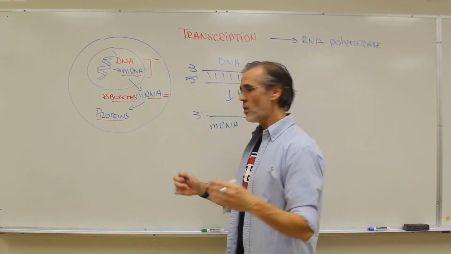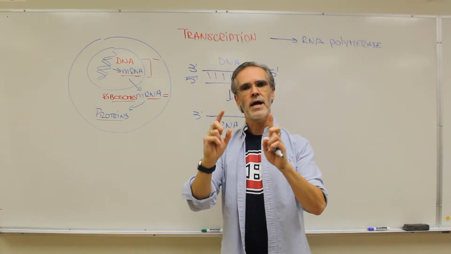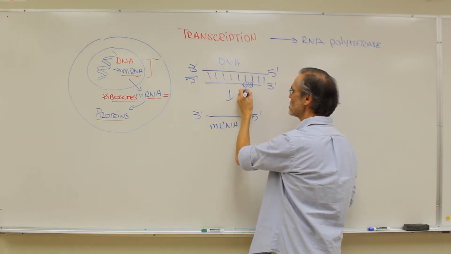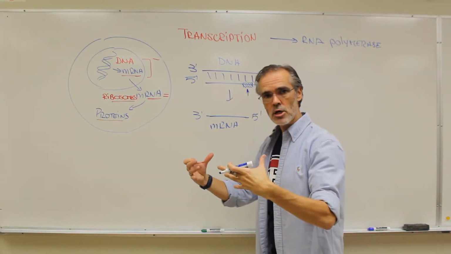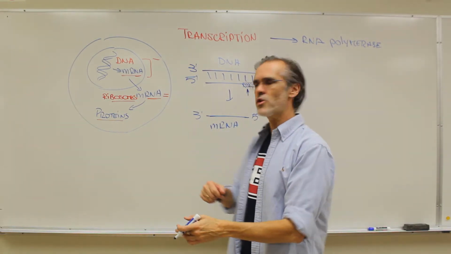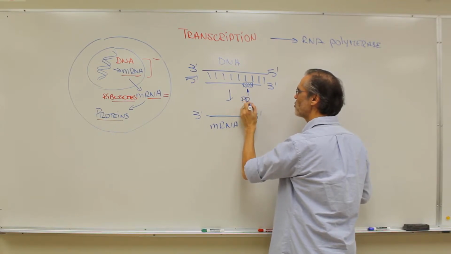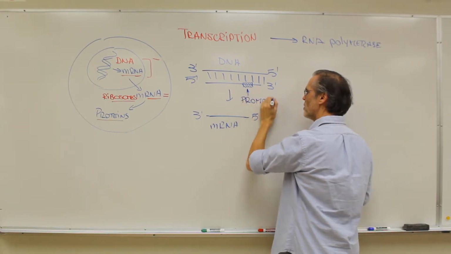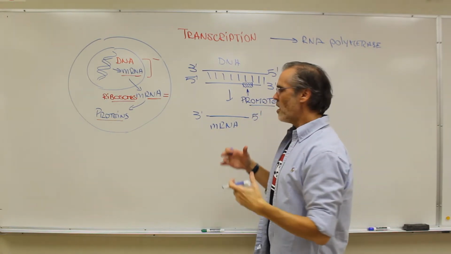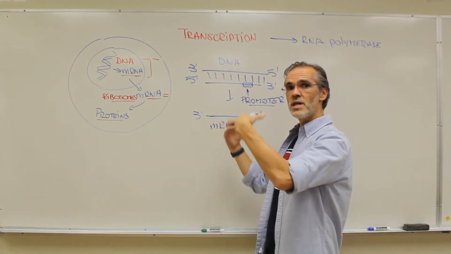What is important, though, is to understand that the genes need to be recognized by the RNA polymerase, right? So this portion here is like a marker that says, here's a gene right there, and this is where you should be starting. This part is called a promoter. The promoter is a part of a gene that is usually situated upstream of that gene.